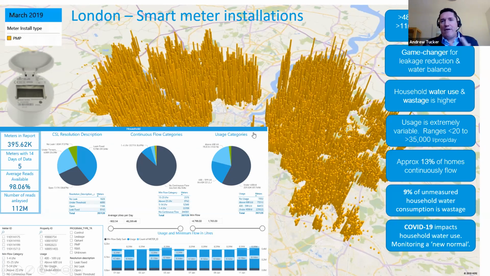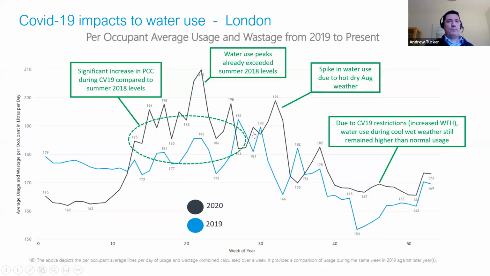So the focus on an average number is sometimes a little bit fraught due to the sheer range. About 13% of all homes that we're seeing in London constantly flow. It's mostly little leaks, which I'll show you. About 9% of total unmeasured household usage is from wastage, so leaky loos and dripping taps. So it's a massive issue for us to go for.